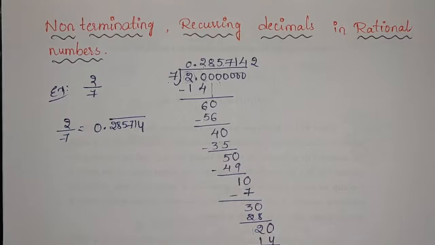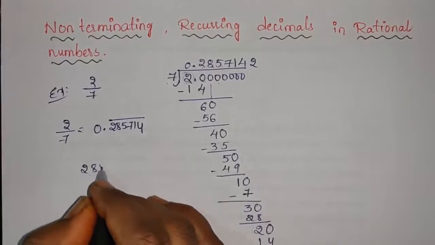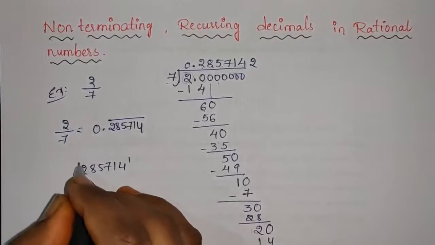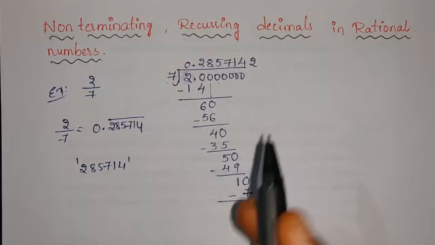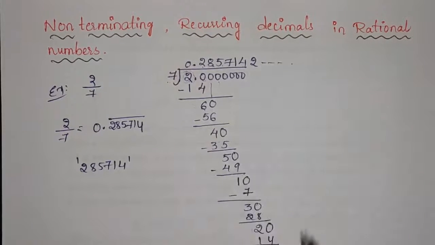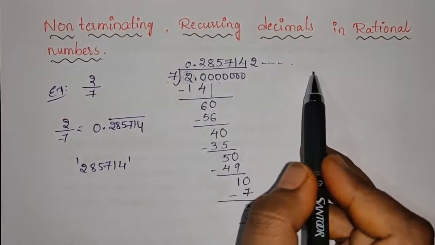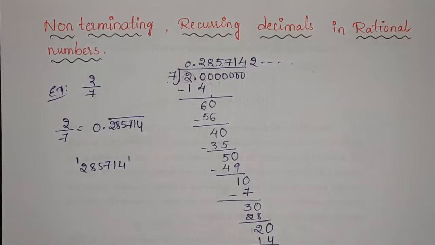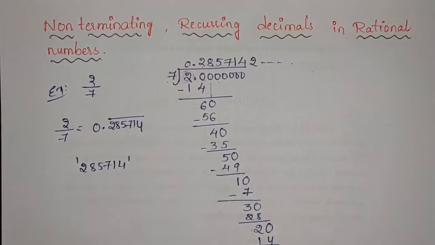Here we can notice that the block of digits, that is 285714, this block of digits is repeating in the quotient. Again if you take the further division you will get the same numbers repeating here. Okay, so this block is repeating, so we can say this is the non-terminating recurring decimal.